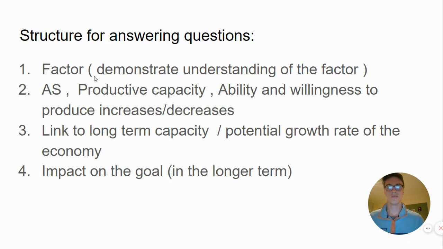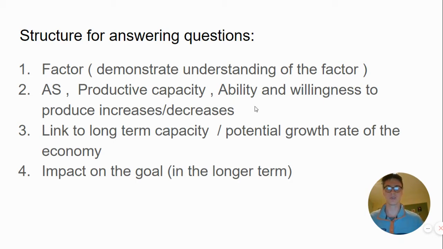So the structure is very simple, but unfortunately we don't have a formula like we do in aggregate demand, but we do have a very similar and simple structure for answering aggregate supply questions. So we start off with our factor, same as we did with aggregate demand. Then we need to refer to aggregate supply, productive capacity, and a really important phrase here, the ability and willingness to produce.